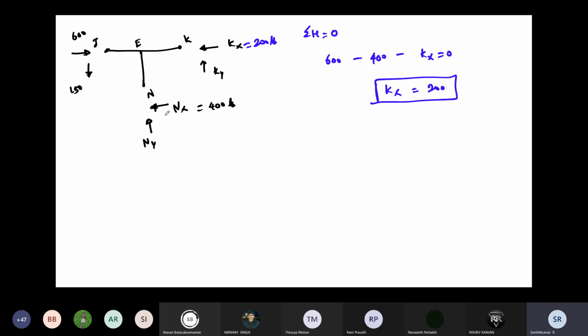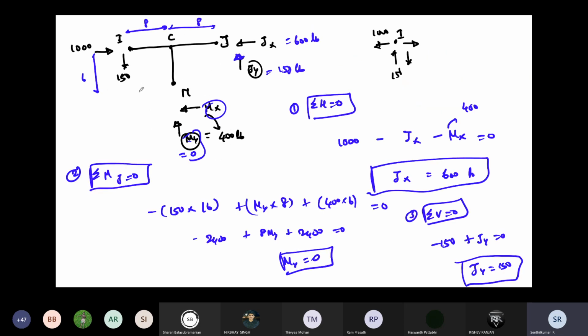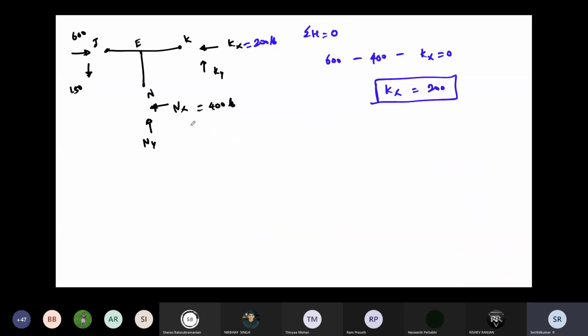Then again I have to find out Ny. Both are similar, the same 150, 400 reaction. Same kind of equation going to come. So I can directly say my Ny is 0. So again this 150 will become here another 150. It's the same one.